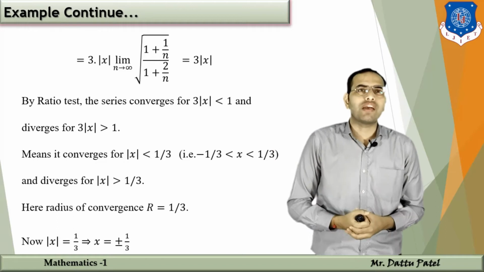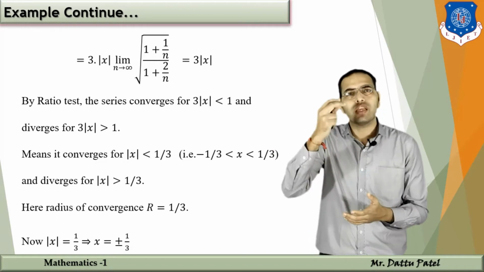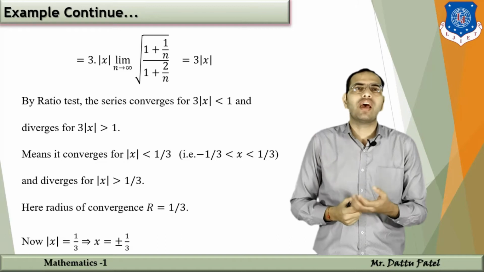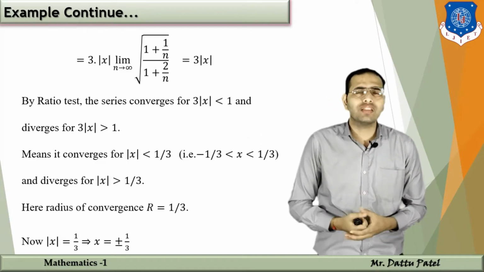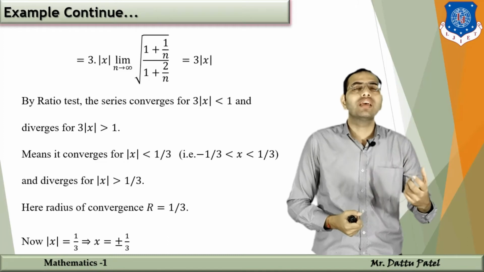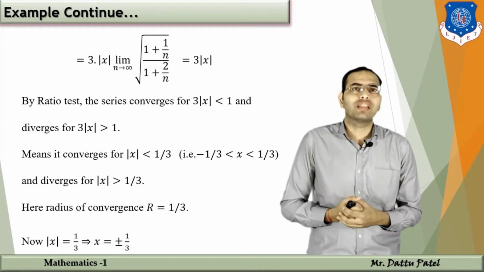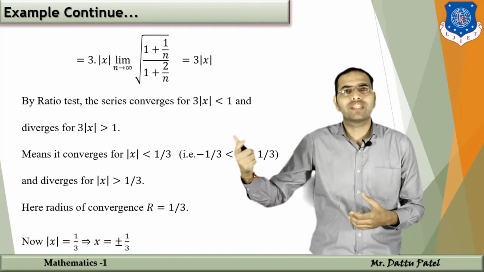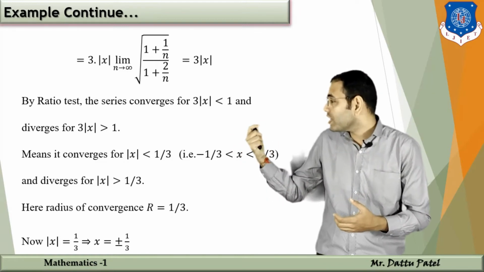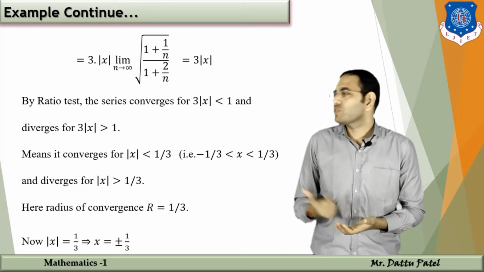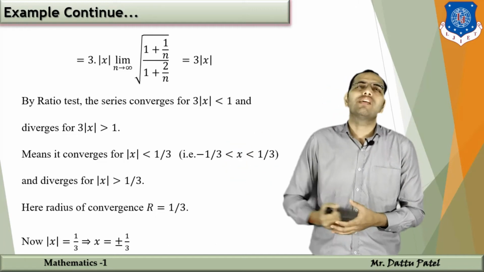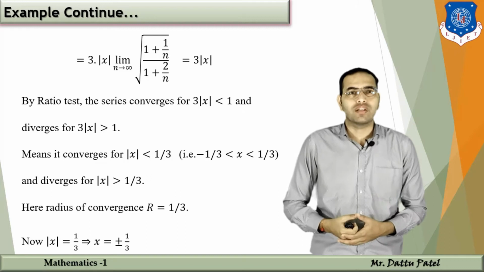then it is divergent. That means simplifying that term, we can write mod of x less than 1 by 3. Now expanding this term, we can write minus 1 by 3 less than x less than 1 by 3. In that particular range our series is convergent, and other than that, that means mod x greater than 1 by 3, our series is divergent.